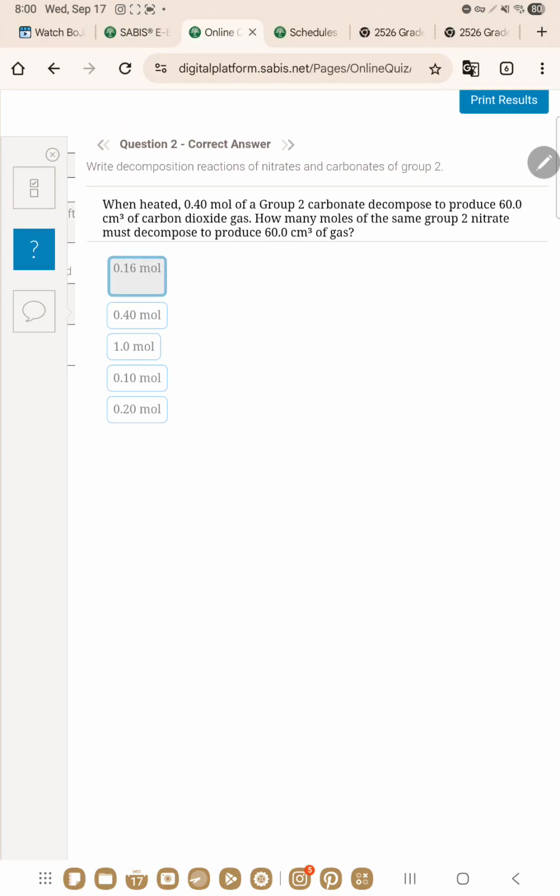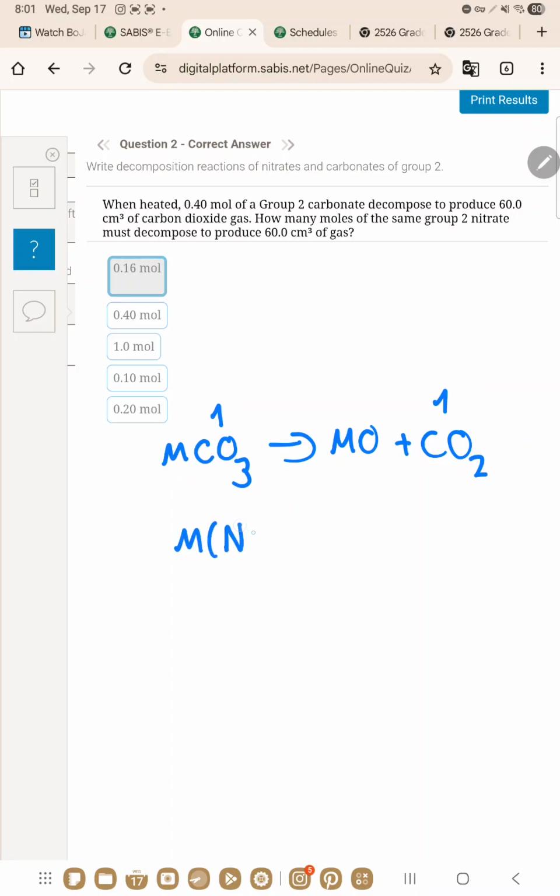So a metal carbonate, when it decomposes, it forms metal oxide plus carbon dioxide gas in a ratio of 1 to 1 for the gases.